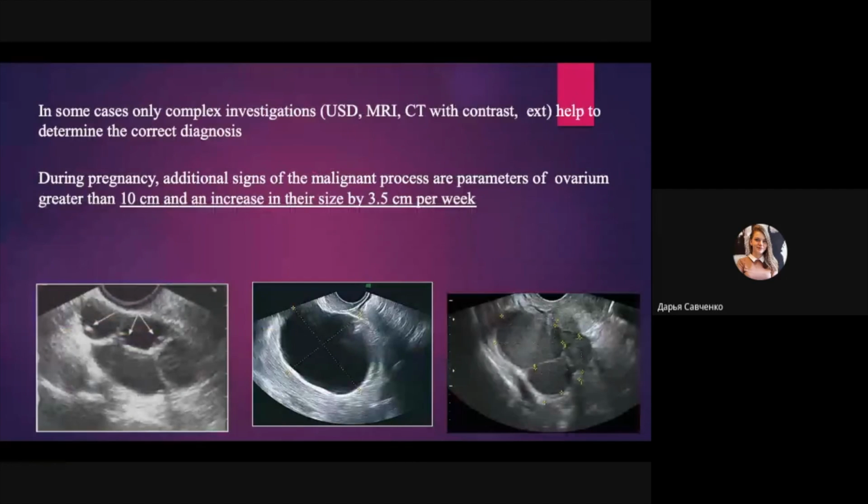In some cases, only complex investigations, ultrasound, MRI, CT, help to determine the correct diagnosis. During pregnancy, additional signs of the malignant process are parameters of the ovary greater than 10 centimeters and an increase in their size by 3.5 centimeters per week.